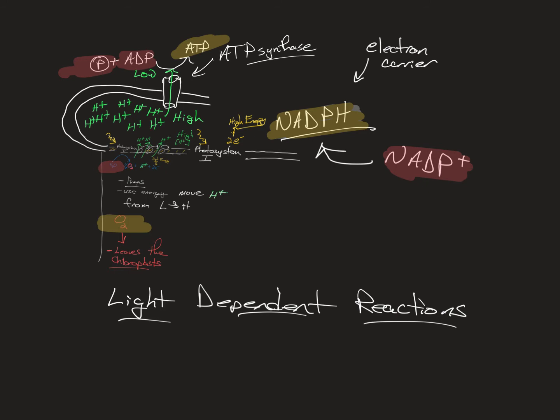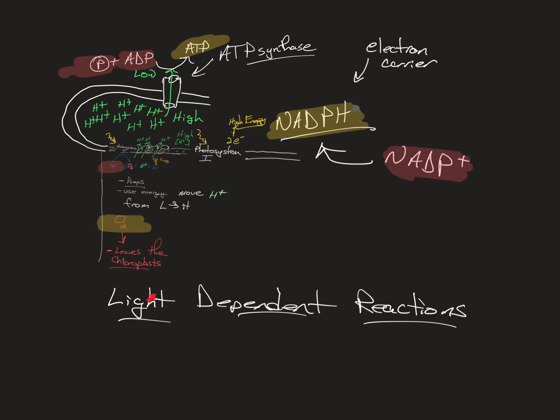I'll say it again. There are two things in here. There's red things that are reactants, right? They're being used up. Are we clear? Used up means they're reactants. Yellow are products. They're being made by the light-dependent reactions.